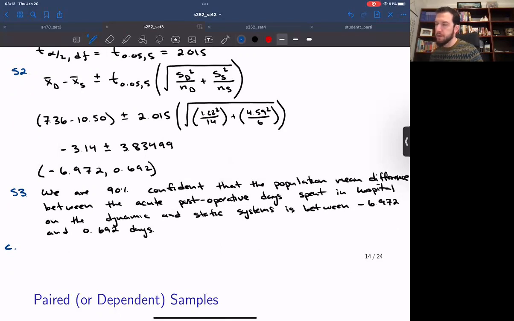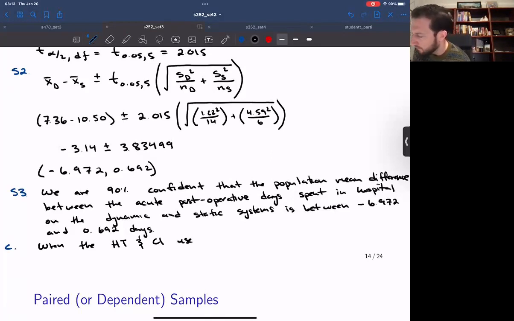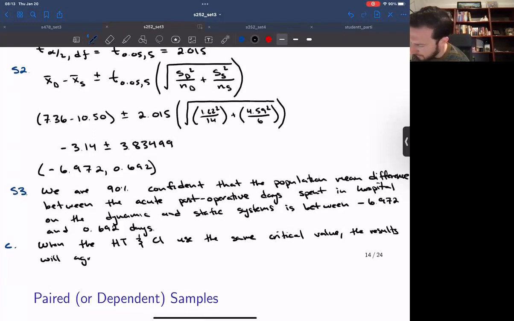I'm a little bit short on room here, but I'm going to summarize what we're looking for, and then we'll see how this relates to what we actually calculated in parts A and B. So essentially, when the hypothesis test and confidence interval use the same critical value, the results will agree.